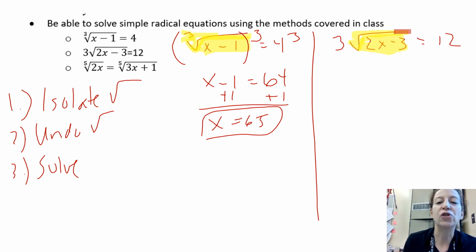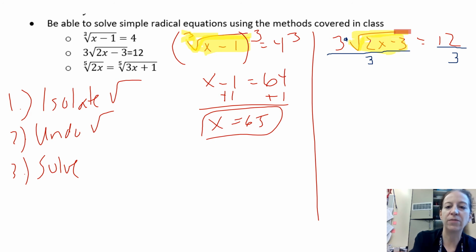In this case we do have something on that side that's not part of the radical, and in order to carry out step number 1, we need to undo that. This is multiplication, so if I want to get rid of it, I will need to divide both sides by 3. And that will give me the square root of 2x minus 3 equals 4.